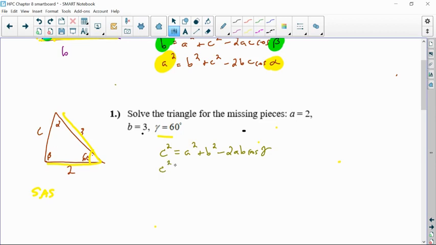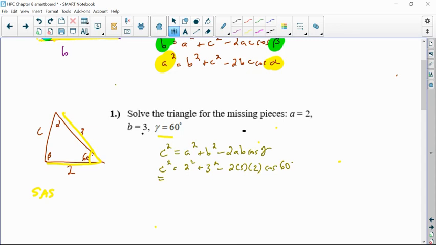So then c squared equals 2 squared plus 3 squared minus 2 times 3 times 2 cosine of 60 degrees. Okay, so now I'm going to punch this in. And remember, you're solving for c squared, so don't forget to square root that. I see that happen a lot.